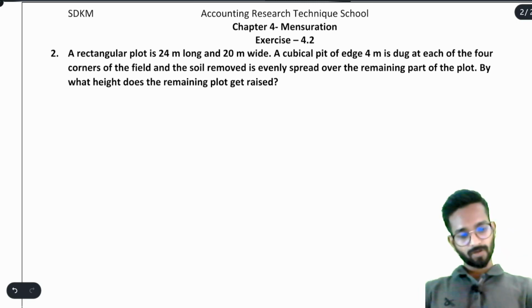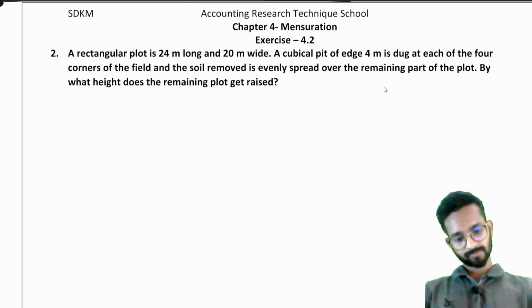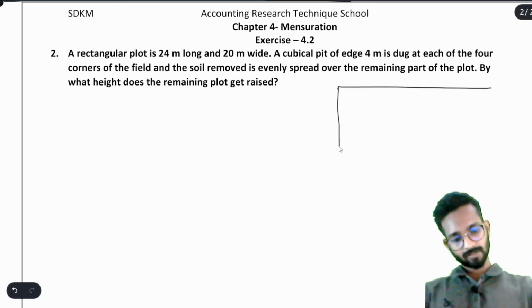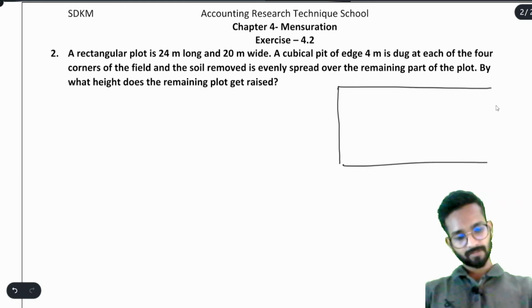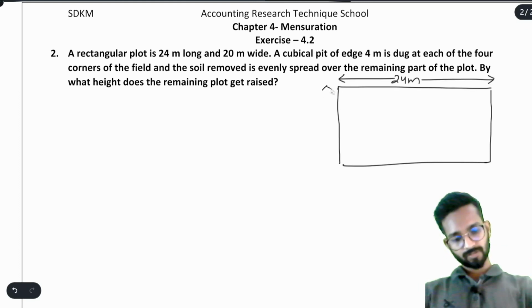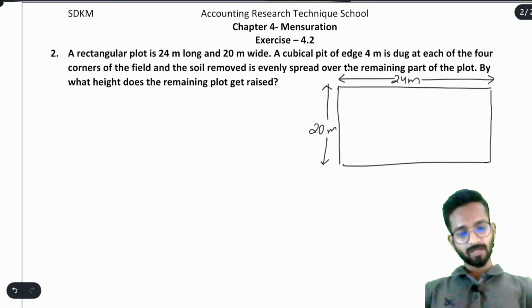A rectangular plot is 24 meter long and 20 meter wide. A cubical pit of edge 4 meter is dug at each of the 4 corners.